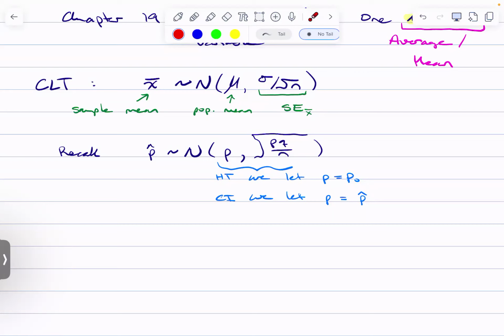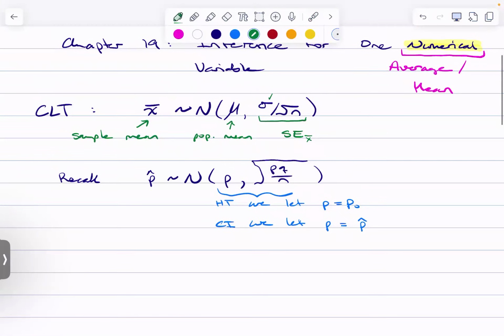And so here, sigma is the population standard deviation, which I also don't know. I have a pretty good guess that I could use, which is the sample standard deviation.